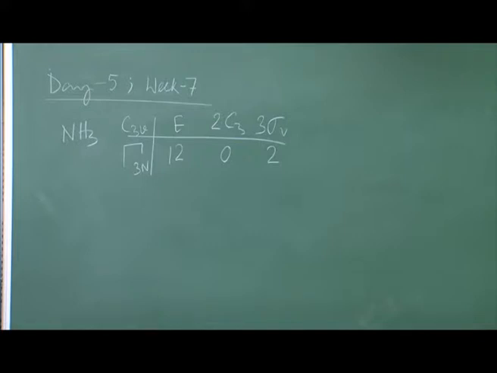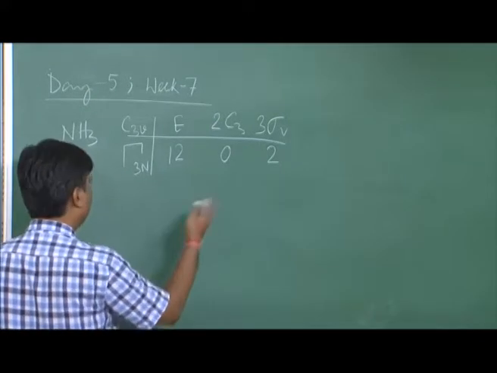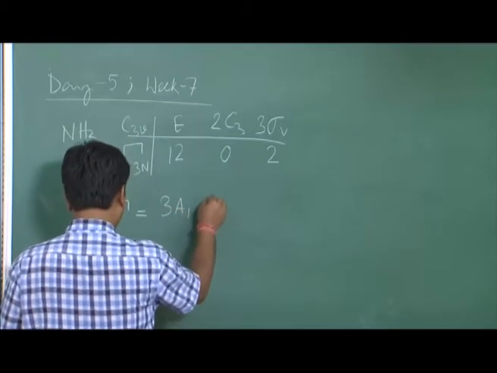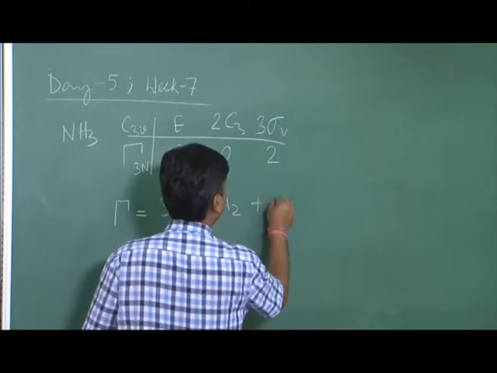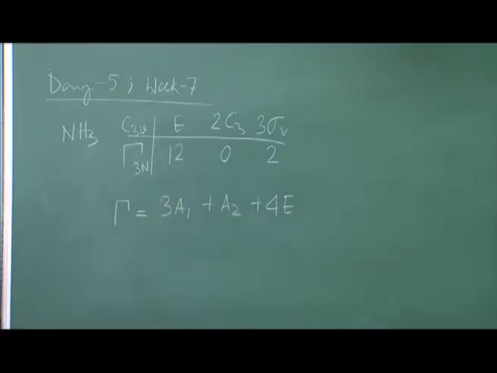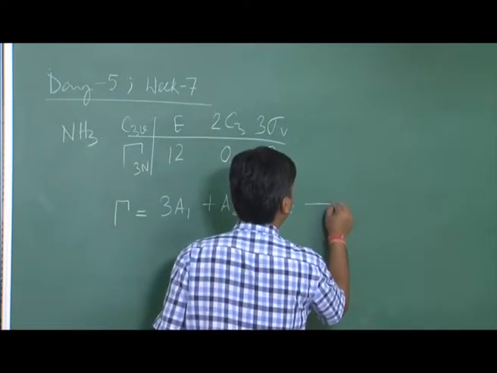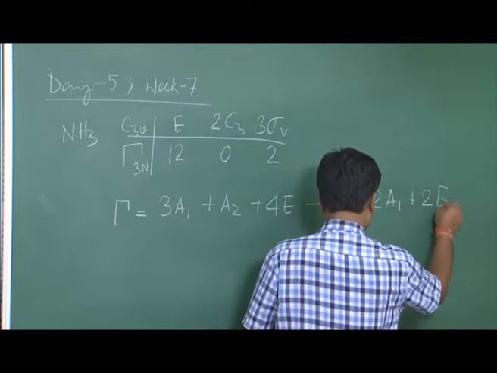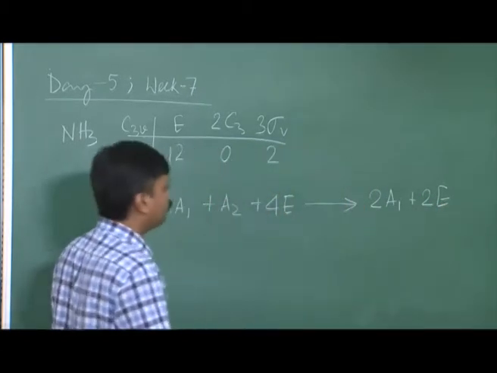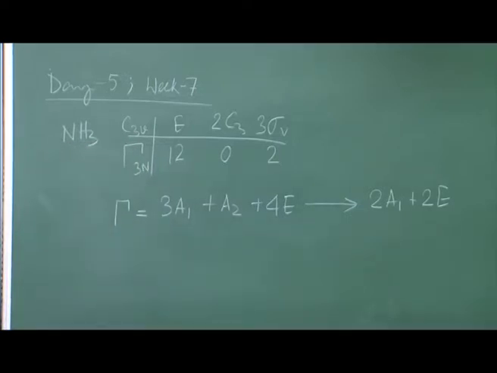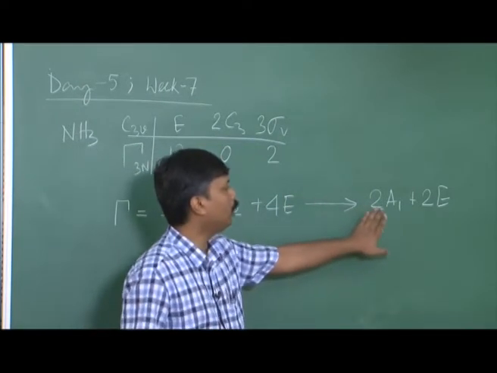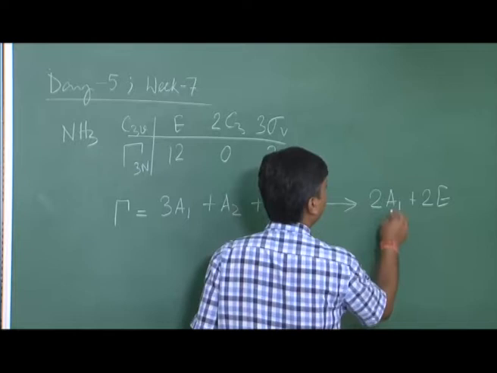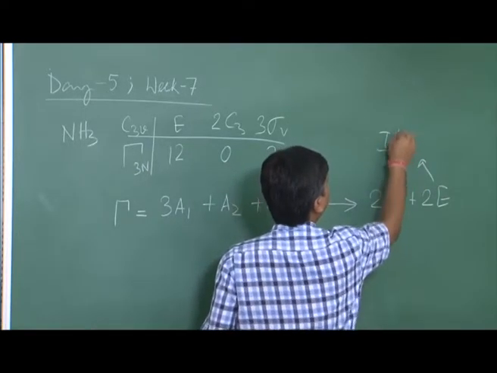You can verify this yourself, and once you reduce it, you will get all the irreducible representations contained in this representation, which will be 3A1 plus A2 plus 4E, all right. And out of these, for normal vibration, you get 2A1 plus 2E. Fine. Now, if you try to find out which of these normal modes will be infrared active and Raman active, you will see both of these will be IR as well as Raman active.